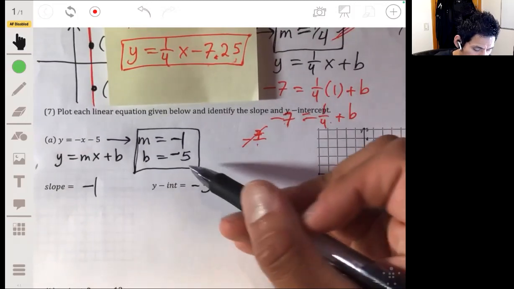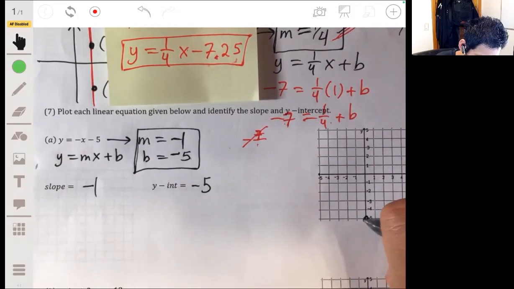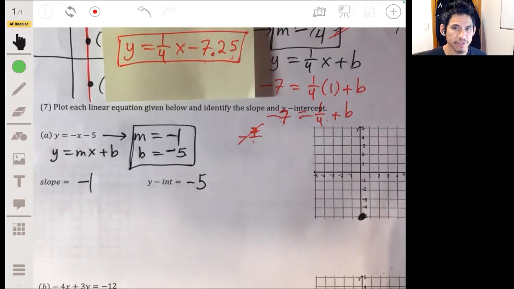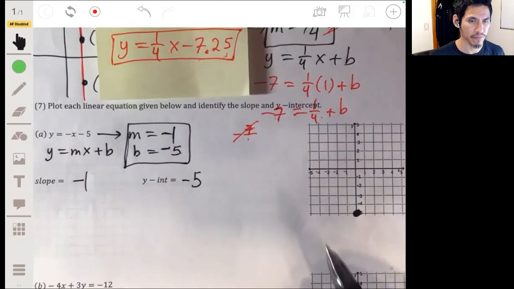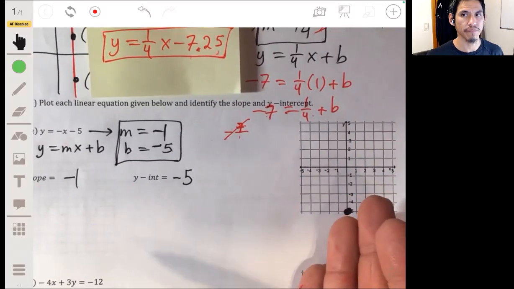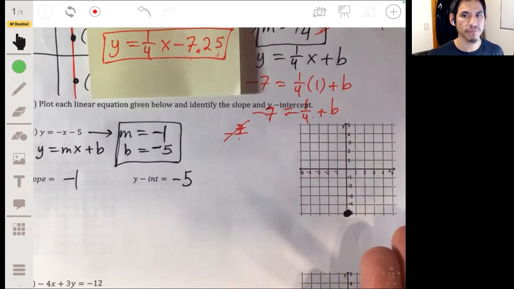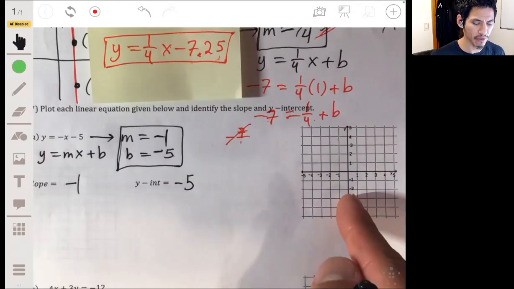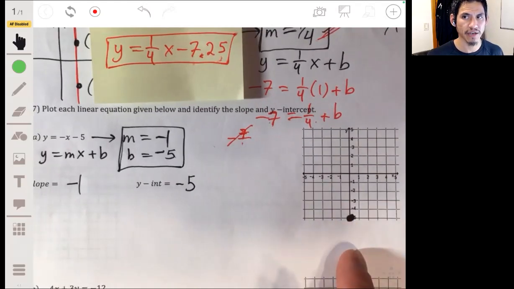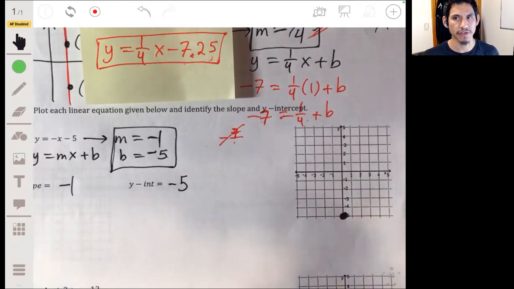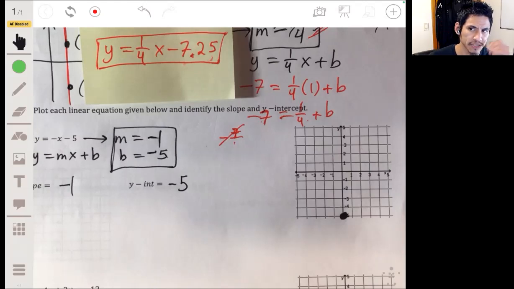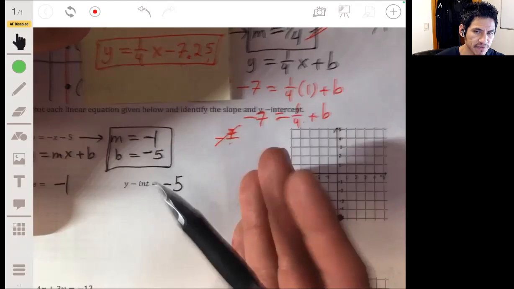And we plot a point at -5 on the y-axis first. And make sure you know what direction to go for the negative slope. I always tell my students, go to the right and either go up if it's positive and down if it's negative. But always go from left to right, just like when you read a book, at least over here in the Western hemisphere, or the US and these countries, we read from left to right always.